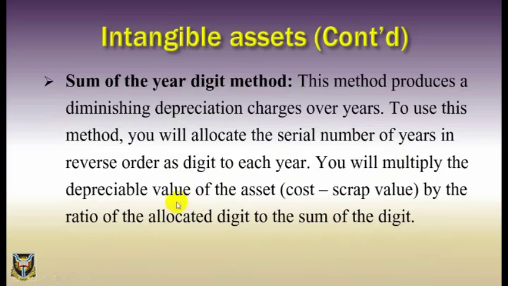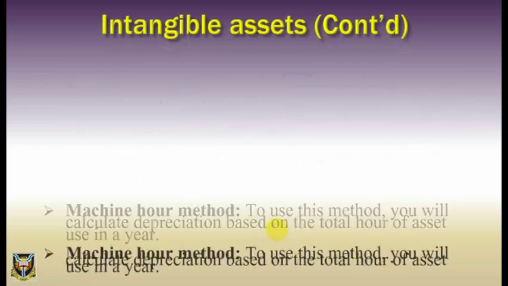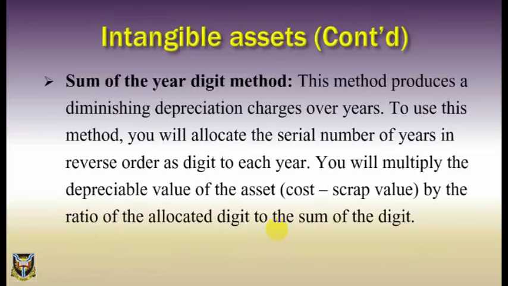You will multiply the depreciable value of the asset (cost minus scrap value) by the ratio of the allocated digit to the sum of the digits. For an asset with 4 useful years, for example, you will allocate 4, 3, 2, and 1 as the digit for the first, second, third, and fourth year respectively.